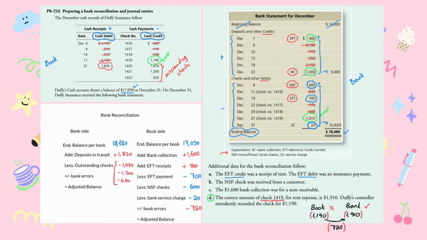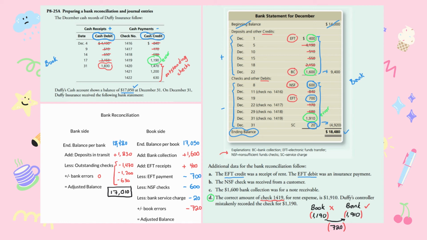Now let's compute the adjusted balance per book and per bank. So in this question, we didn't have any bank errors. So the adjusted balance per bank is 17,010. Okay, let's compute the adjusted balance per book.